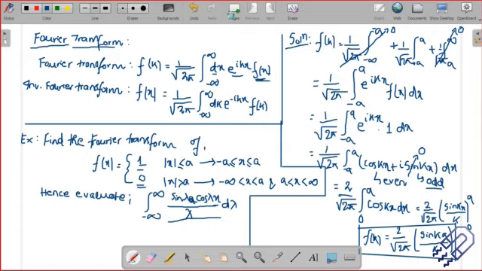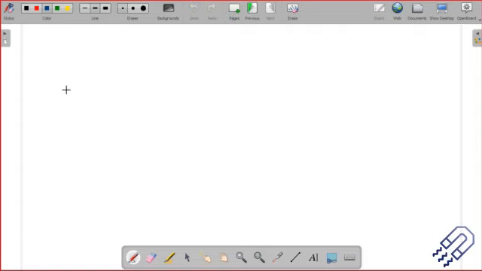First I will write down the Fourier transform that we got. The Fourier transform is f of k, 1 divided by root over 2 pi, not 1 divided by, it's 2 divided by, okay, and then we have sine of ka divided by k. We will use this.